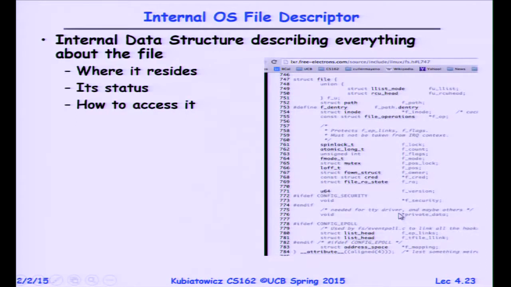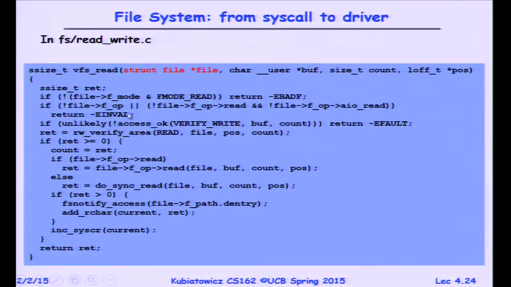Lots of different operations, including ones that have to do with what file system you're using. If you look a little carefully, here's what happens when you go to do a read or a write: inside the kernel, it actually calls VFS read, which is the virtual file system. Inside that VFS read, it gets the file descriptor that's inside the kernel for a given file, and does a bunch of checks.